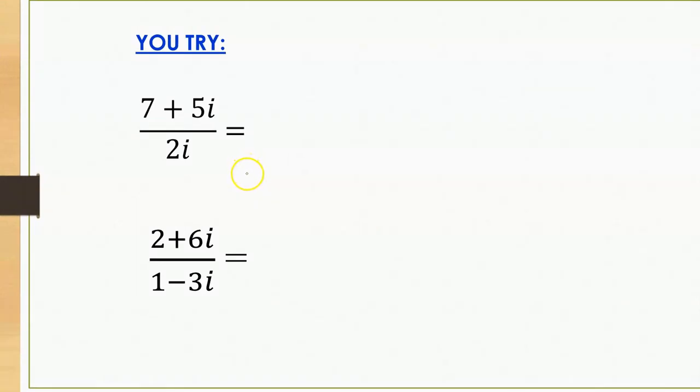So looking at this problem, we have a monomial in the denominator on the first one. So to solve that, we will multiply by i over i. We'll have to distribute in the numerator.